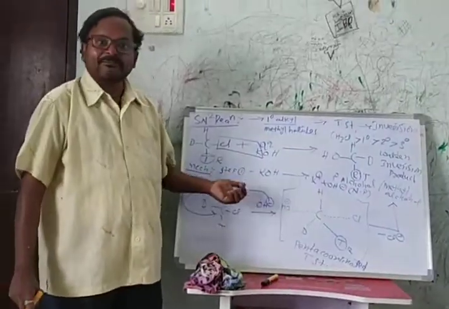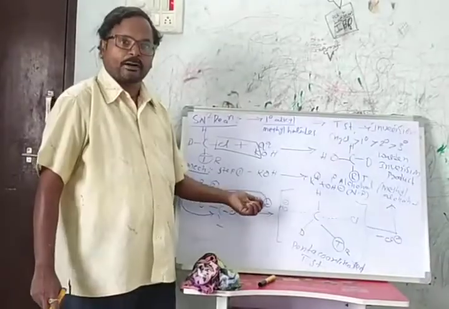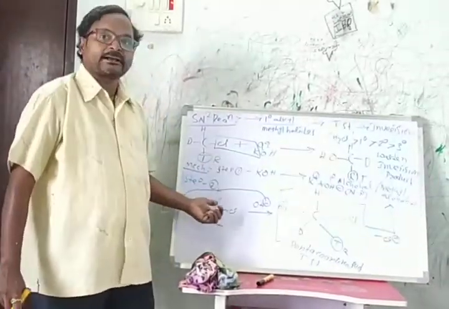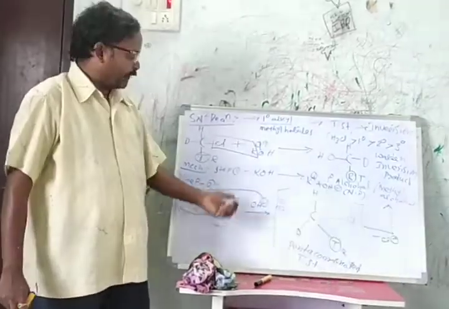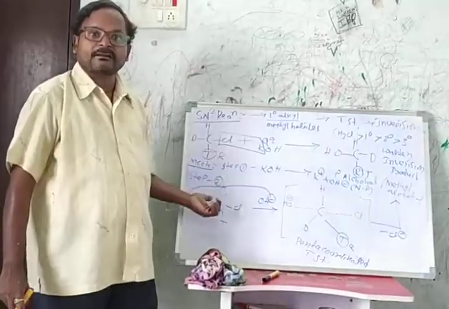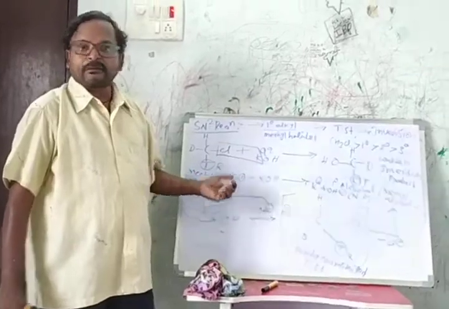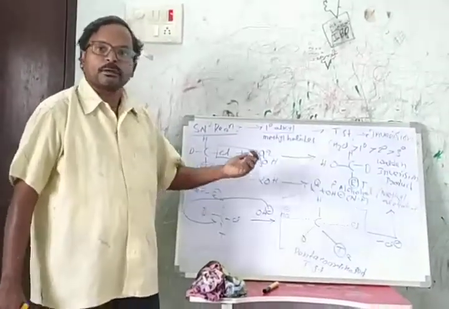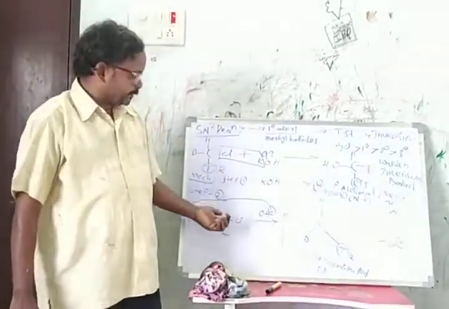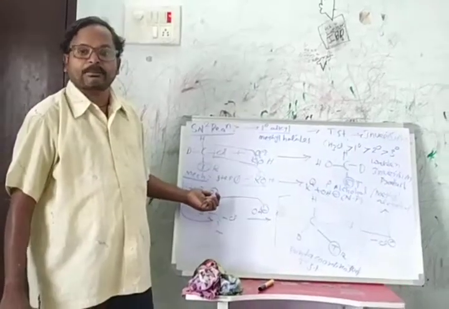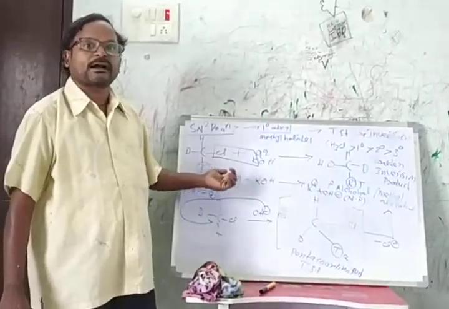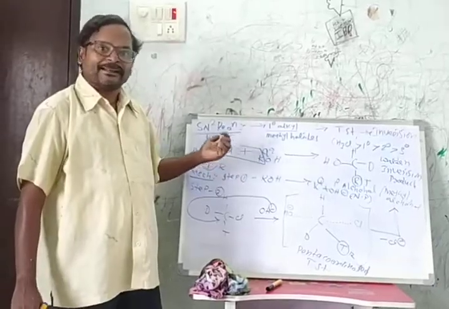In the second step, instead of losing the chloride ion, the OH minus ion attacks from the back side of the carbon. Why? The chloride ion is a bulky group, and if it left first we would get the methyl or primary carbonium ion, which is very less stable.